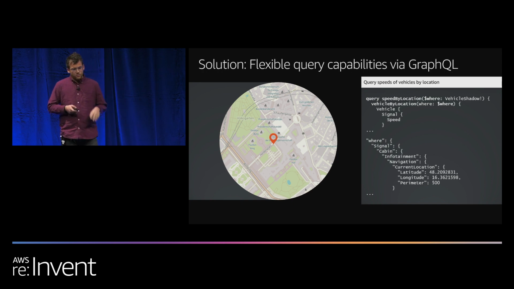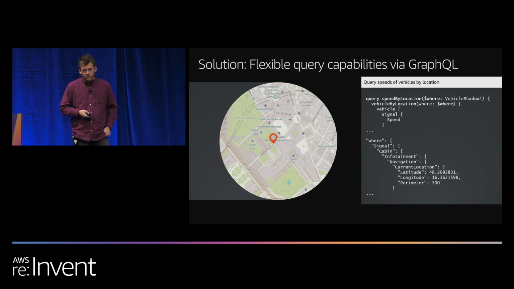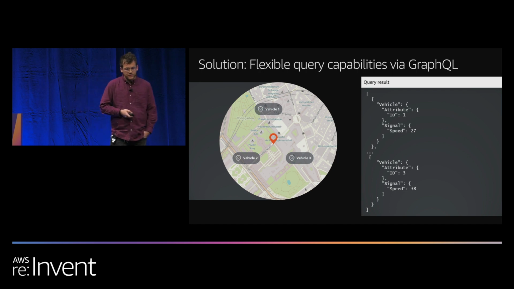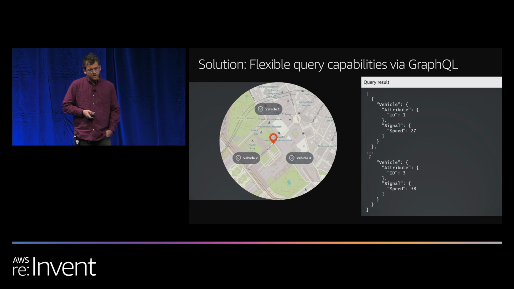And in GraphQL, you can also define the response payload in the request payload. And in our case, we actually get 3 vehicles with a certain speed around this location here in Vienna. And you can use this information to trigger actions on top of that. So, for example, we could notify the cars about slow traffic.